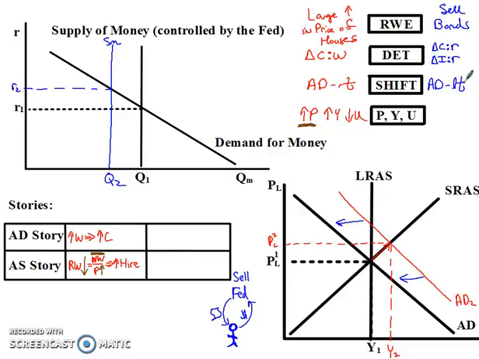So what's my aggregate demand story? We have higher interest rates, and the higher interest rates cause lower consumption and lower investment.